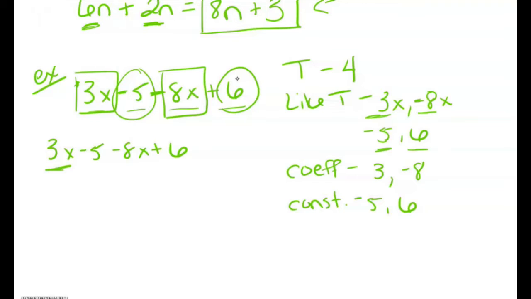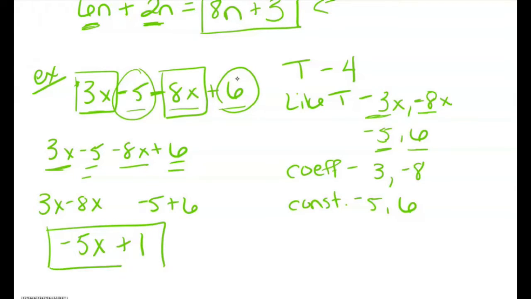So I have 3x minus 8x. And then I have negative 5 plus 6. All right, 3 minus 8 gives me a minus 5x. And negative 5 plus 6 gives me a plus 1. And that is my simplified expression.